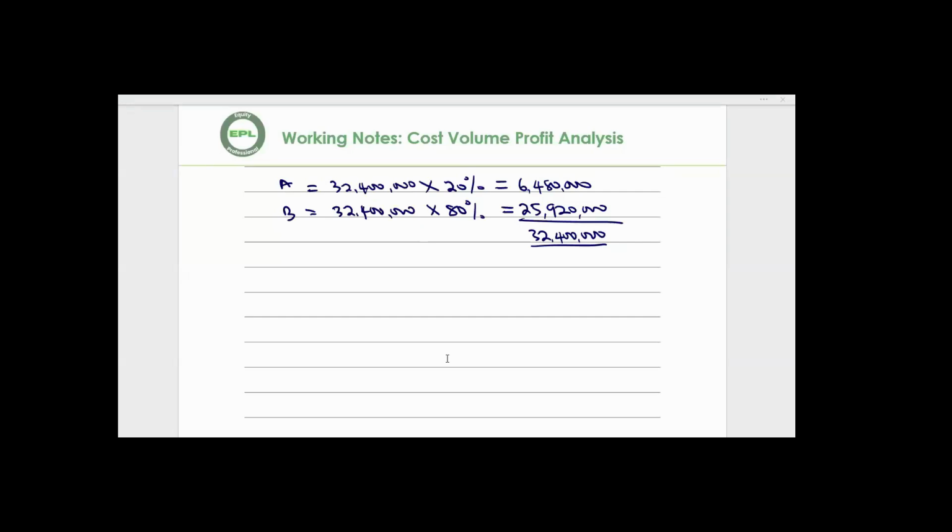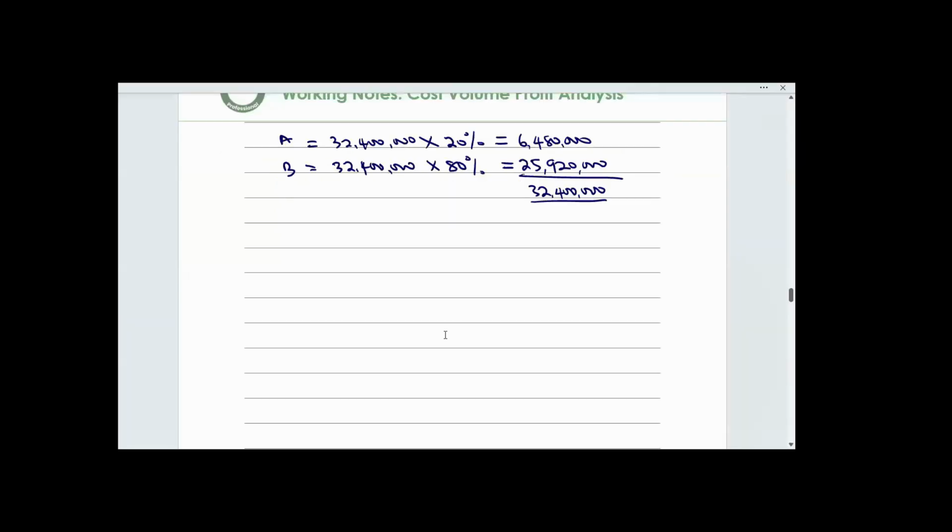The examiner wants you to calculate break-even points in units for each product, taking into consideration all the revisions that you have made. So number C, calculating break-even points in units. 4 marks.